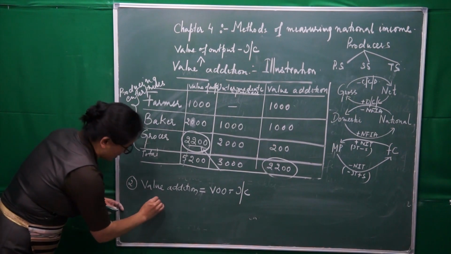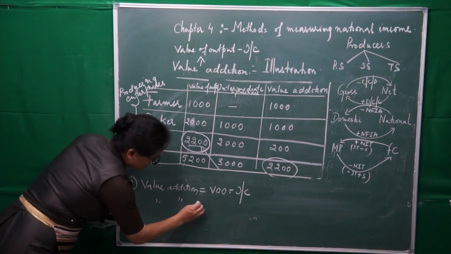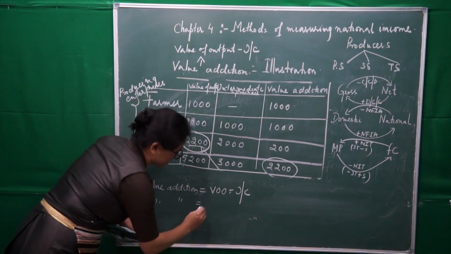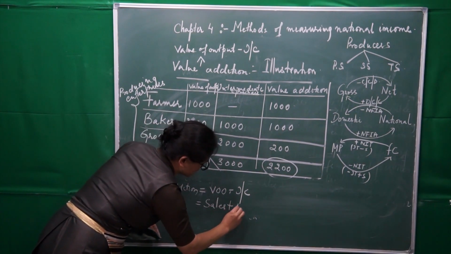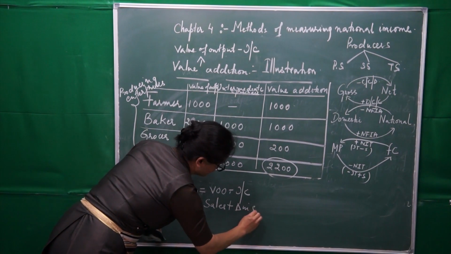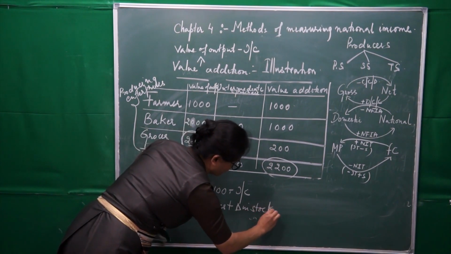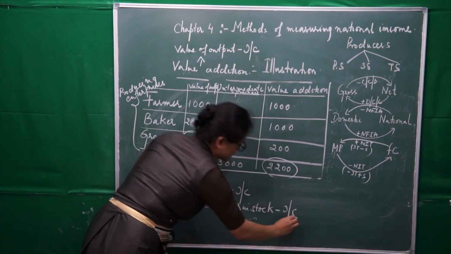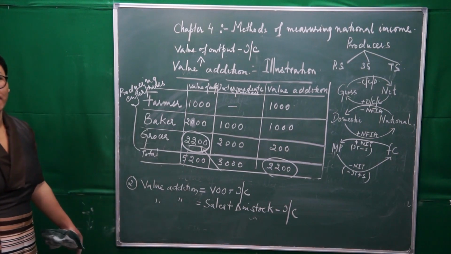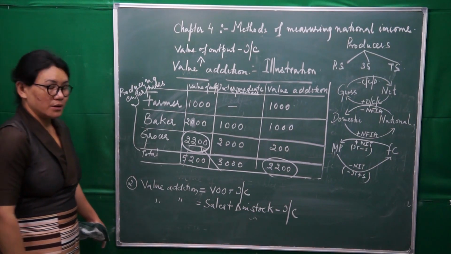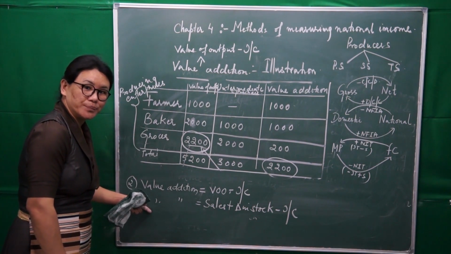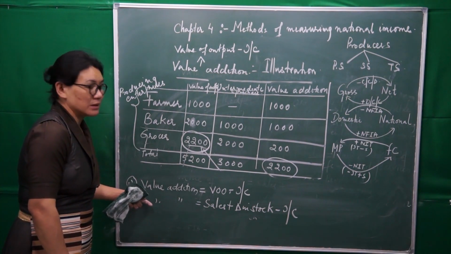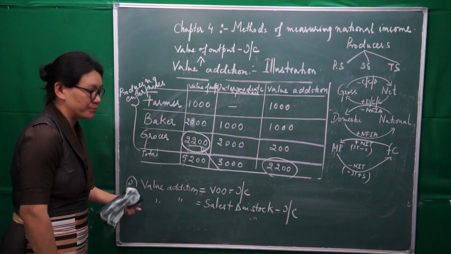Value addition is equal to, what is this value of output? Sales plus change in stock minus intermediate consumption. Right? So you have to use this formula also in solving value addition method.